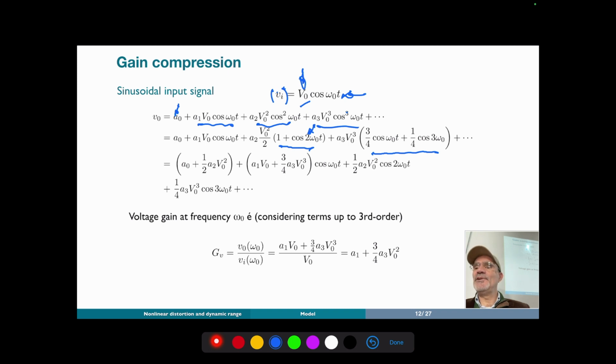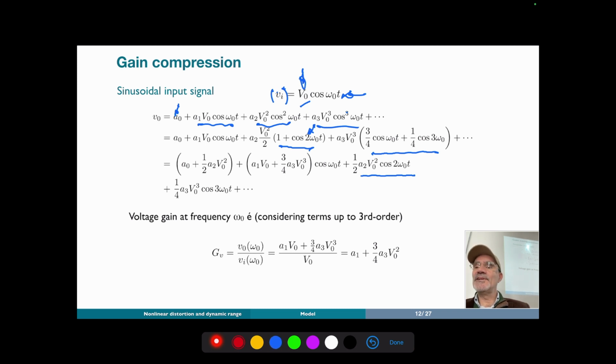And then if we group together the terms at the same frequency, okay? So here we have the term at twice the frequency.